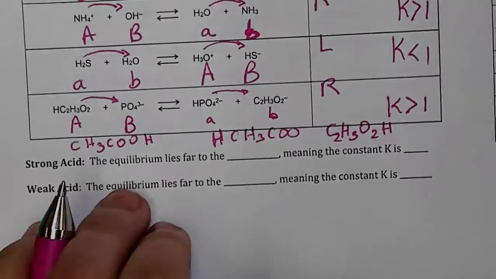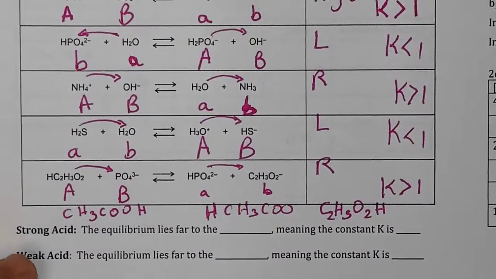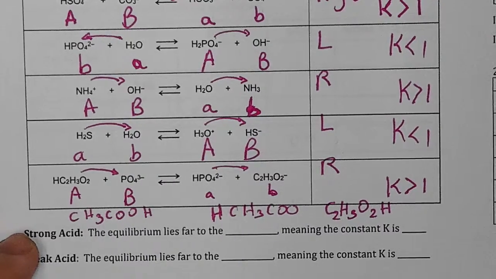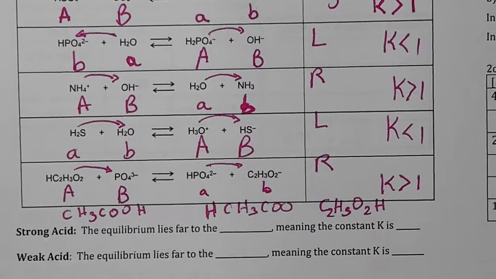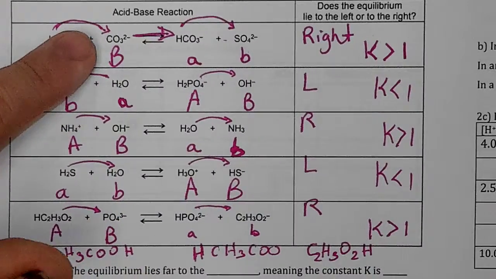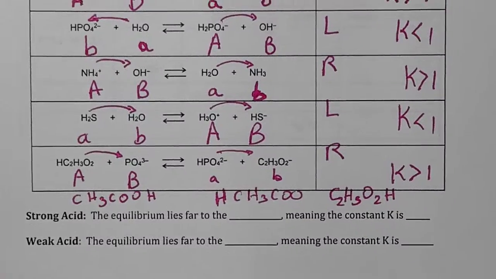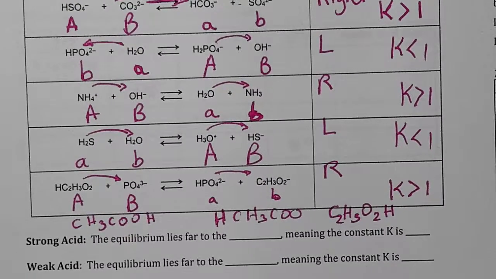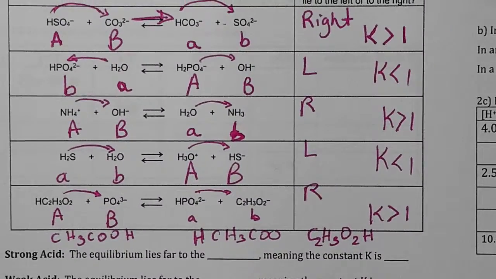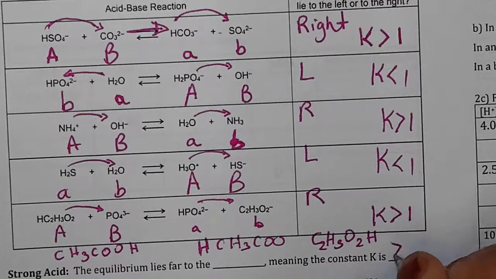So as far as equilibrium lying, if you have a strong acid as a reactant, equilibrium is going to lie far to the right side, the conjugate side, which means the constant K is going to be greater than 1.